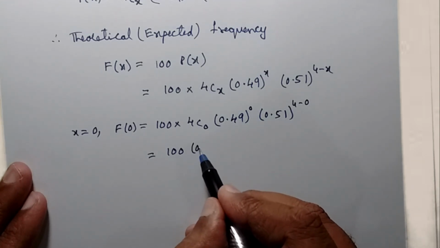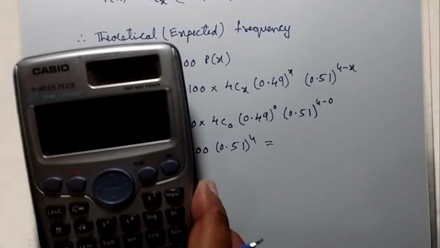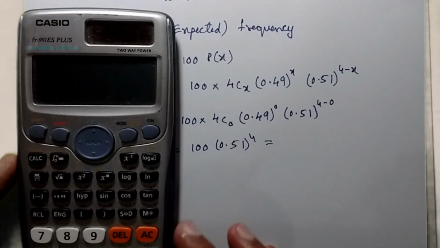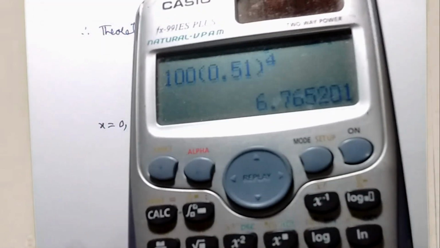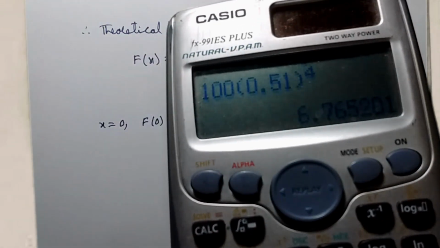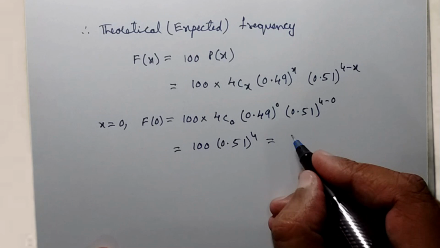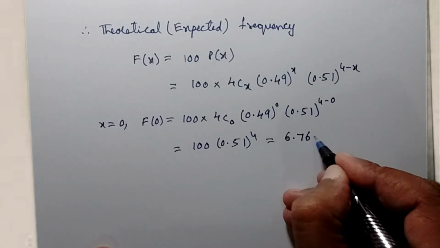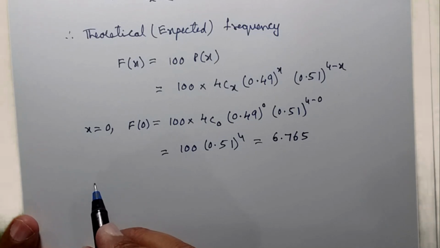So you have 0.51 to the power of 4. You can just use the calculator and evaluate this value. I've just typed in the values over here. This is the value that you are getting, the first result. So you can approximate and write the value as 6.765. This is for X equals 0.